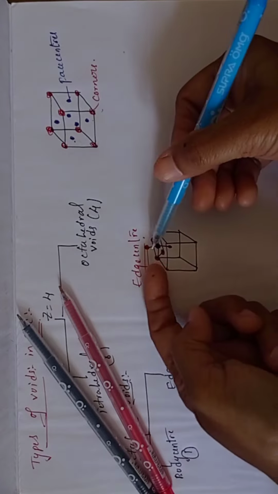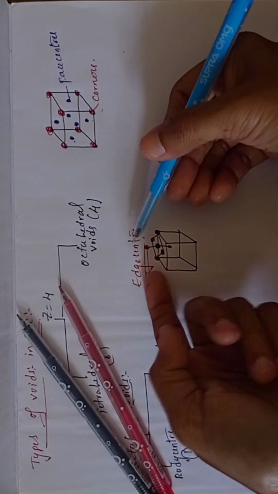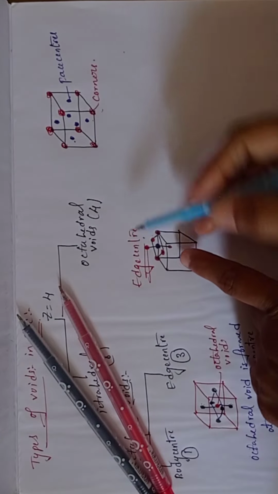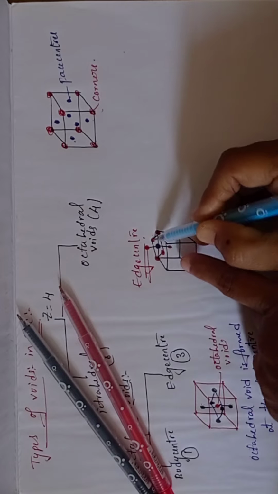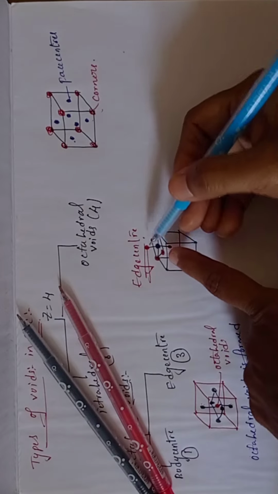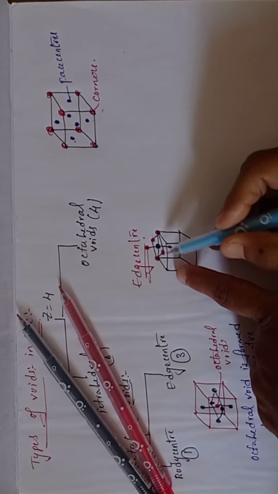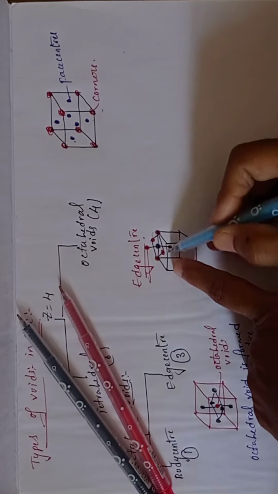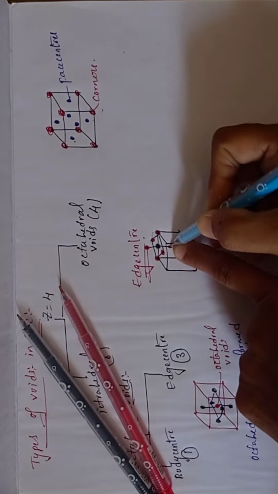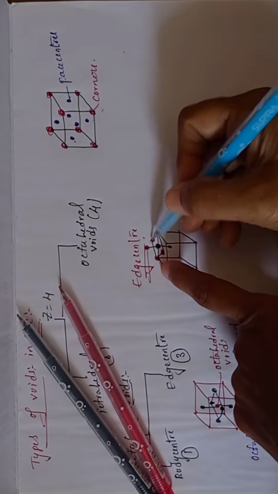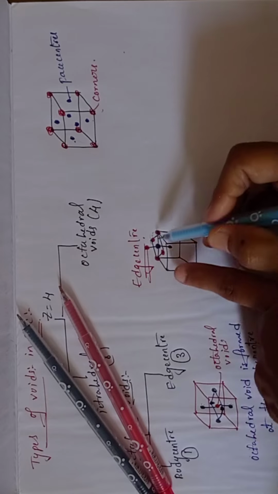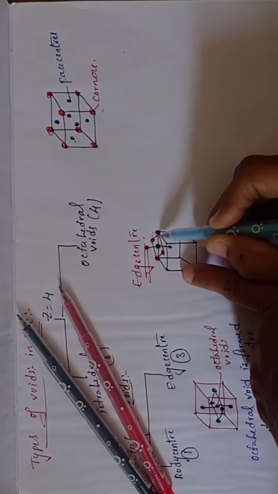And above this, one more unit cell will be there. Just consider that one top face center particle is this one, and back face center particle is this one. Now these four particles are in touch with one another, and this is the fifth particle. It is present at the top of the four spheres, and the sixth is present at the bottom of the four spheres, students. So that means this void is formed at the edge center.